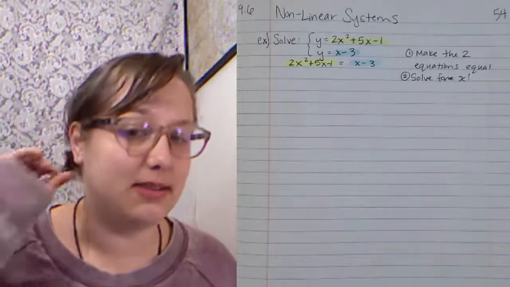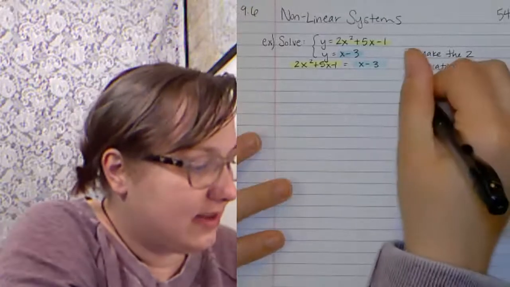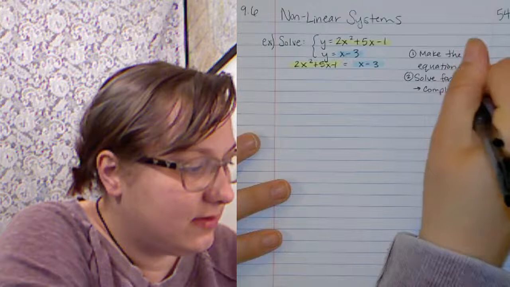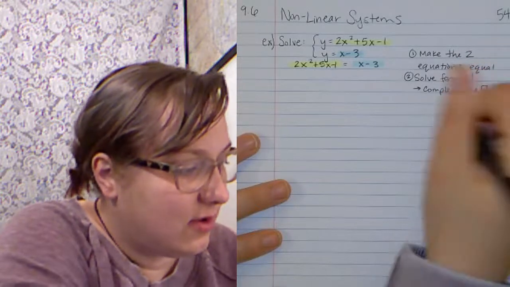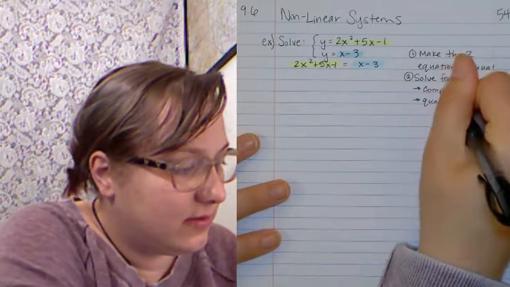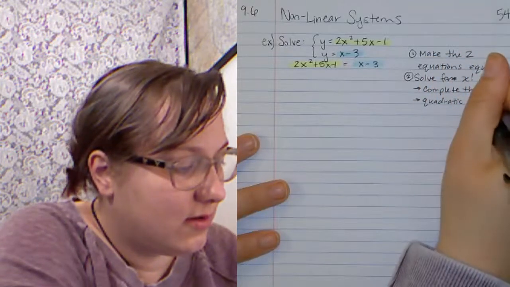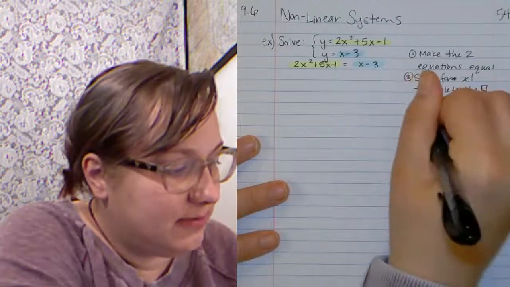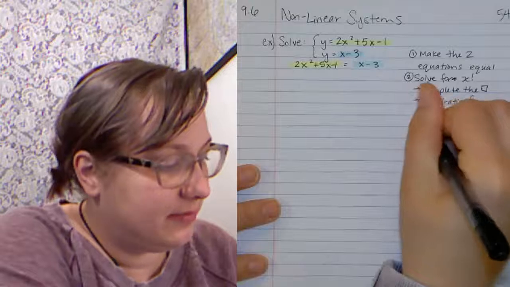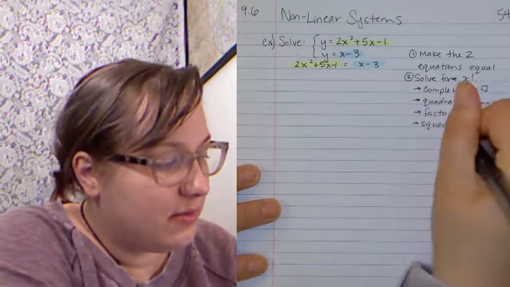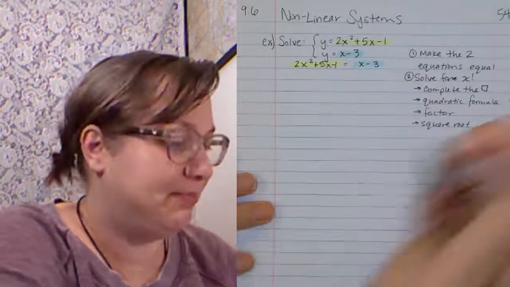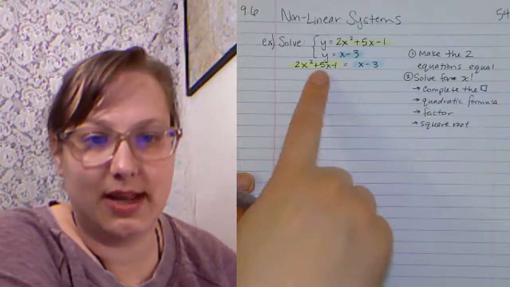We have some methods to solve for x. We can complete the square. We can use the quadratic formula. We can factor. And on rare occasions, we can use the square root method. Remember, for the square root method, I have to not have a b anymore, so we have to have an equation where the b's will cancel.